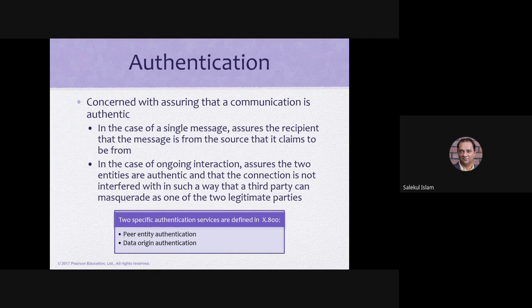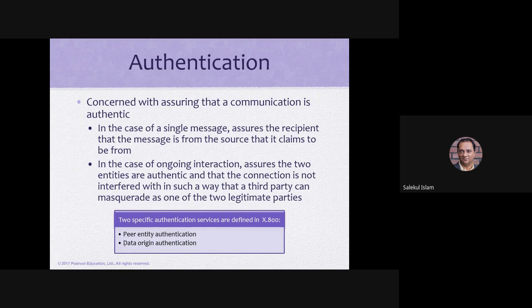Or I know some specific PIN number. This PIN number is secret and only the user should know it. So that means the user is using his card, and the card is not being used by a third party. So that is peer entity authentication.